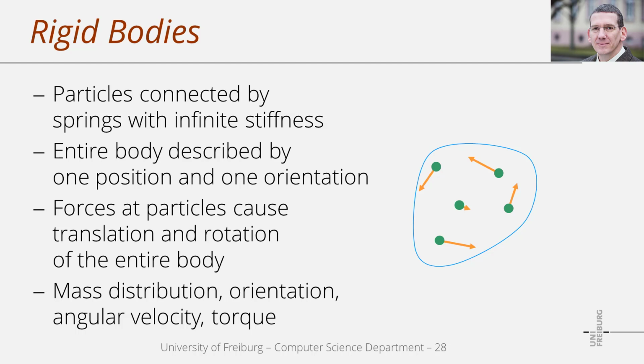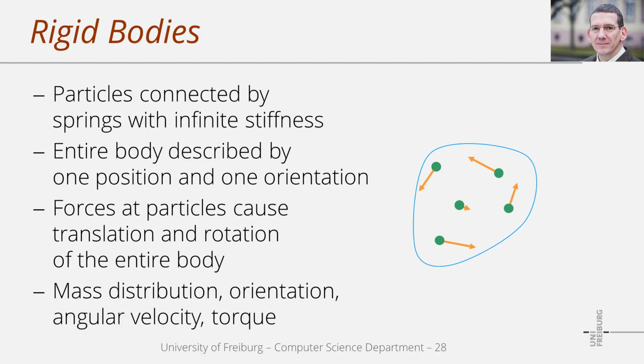Finally, the particle positions are updated from the position and the orientation of the entire rigid body. At first, it looks like we do not need the particles at all. However, in terms of contact handling between rigid bodies, and also when we have combined simulations of rigid objects with a fluid, then the particle representation is at least useful for the contact handling.